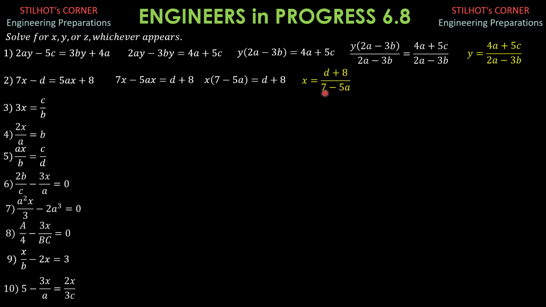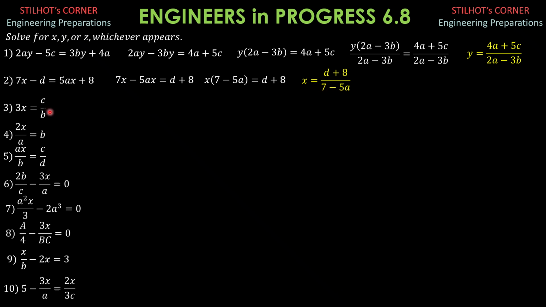So for this solution to be valid, the denominator should not be 0, so the value of a shouldn't be equal to 7 over 5. So the restriction is a should not be equal to 7 over 5.